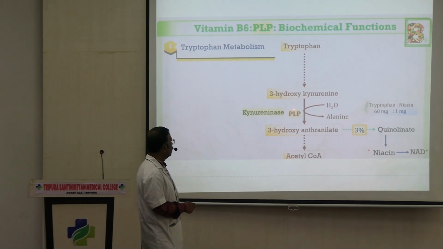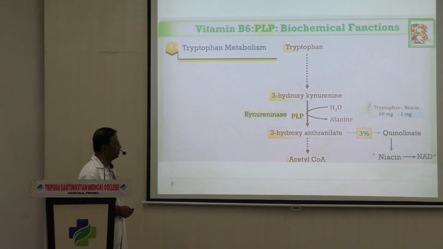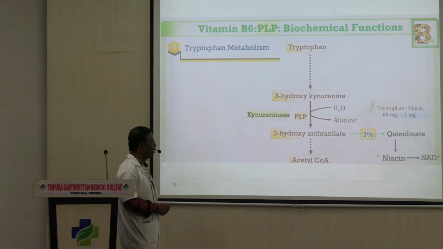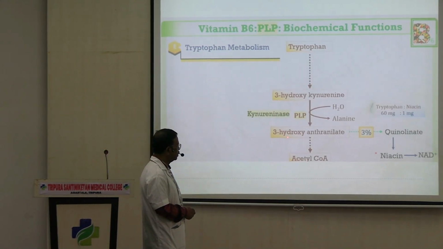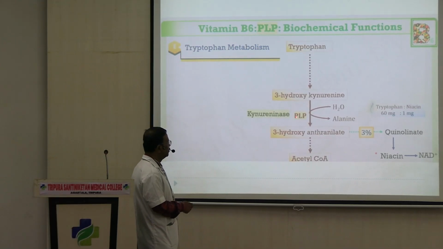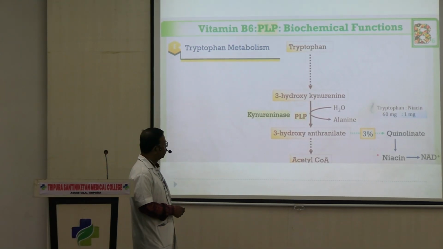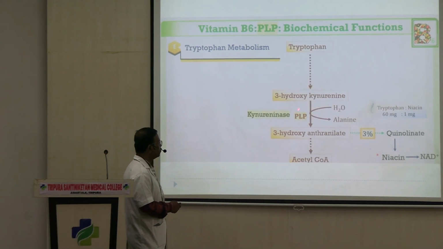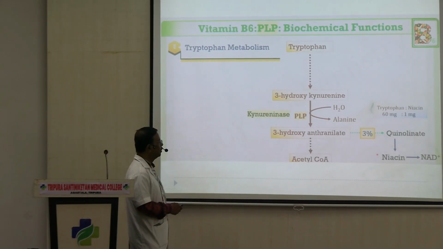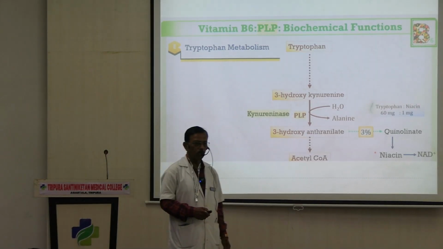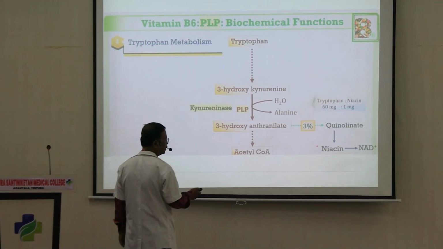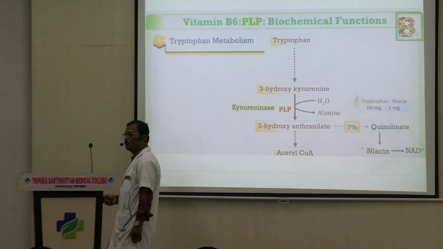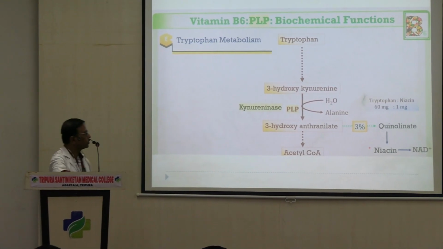So, the responsible enzyme is kynureninase, which converts 3-hydroxykynurenine to 3-hydroxyanthranilate. Now, deficiency of PLP will stop the reaction here, and there will be an increase of 3-hydroxykynurenine. Okay, and it will be converted to xanthurenate and will be excreted in urine.